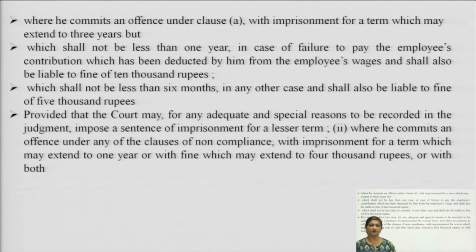Where he commits an offence under clause A, with imprisonment for a term which may extend to 3 years, which shall not be less than 1 year in case of failure to pay the employee's contribution, provided that the court may for any adequate or special reasons to be recorded in the judgment impose a sentence of imprisonment for a lesser term. Where he commits an offence under any of the other clauses for non-compliance, with imprisonment for a term which may extend to 1 year, or with fine which may extend to 4,000 rupees, or with both.